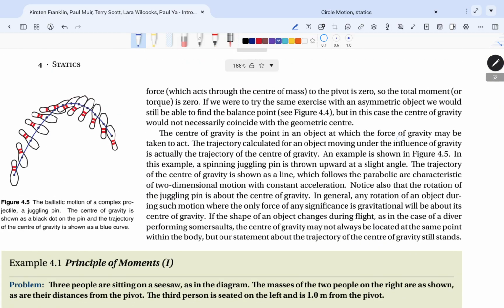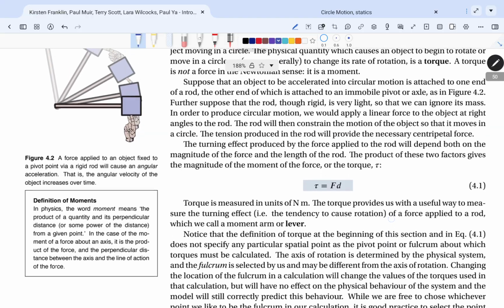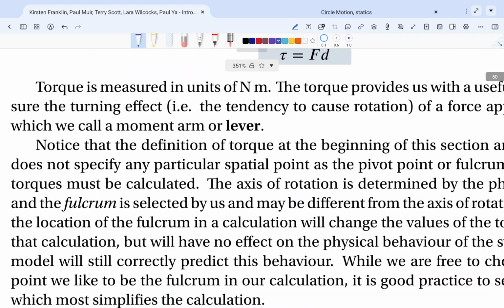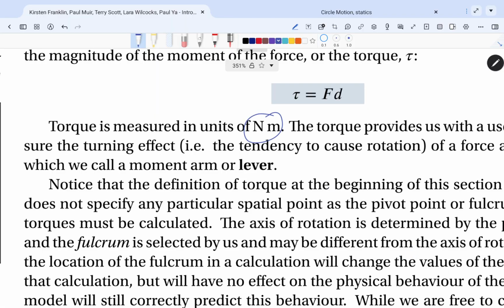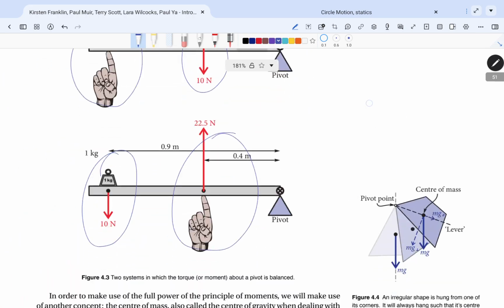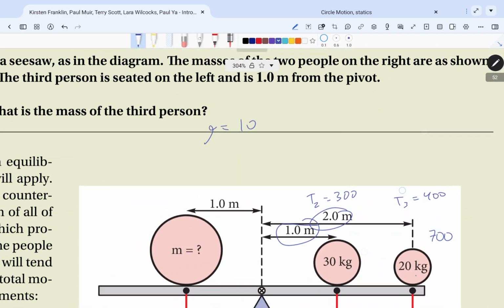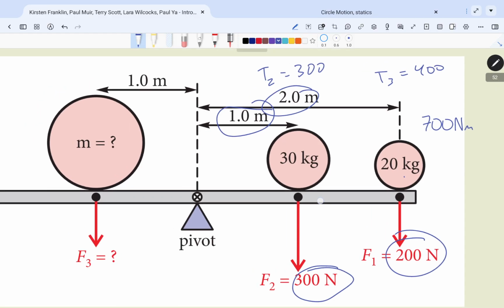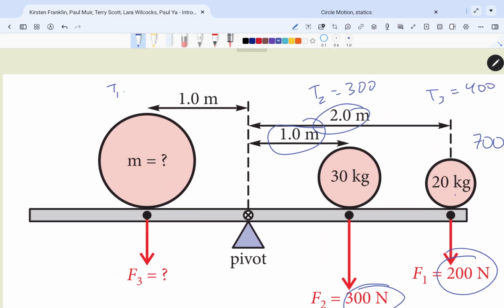What was the unit of measurement for torques? Let me check. Nm. What does that mean? Oh yeah. Force is newtons and distance is meters. So newton meters. Okay, that's fine. So we'll say this is 700 Nm. What's the torque on the left hand side?